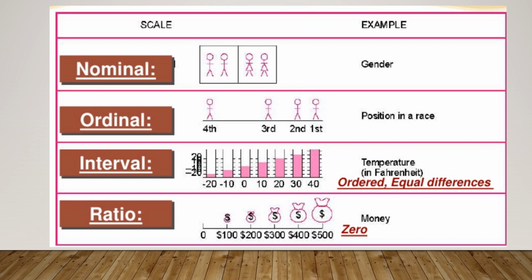The zero point is what makes it possible to measure multiple values and perform multiplication and division operations. Therefore, we can say that an object is twice as big or as long as another.